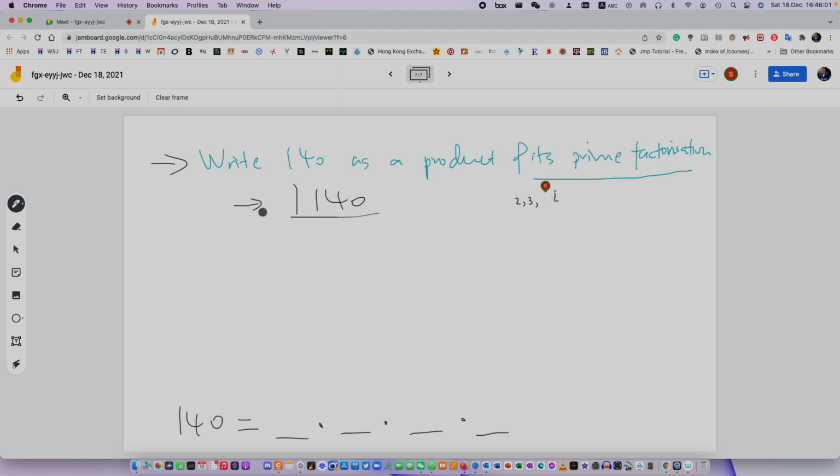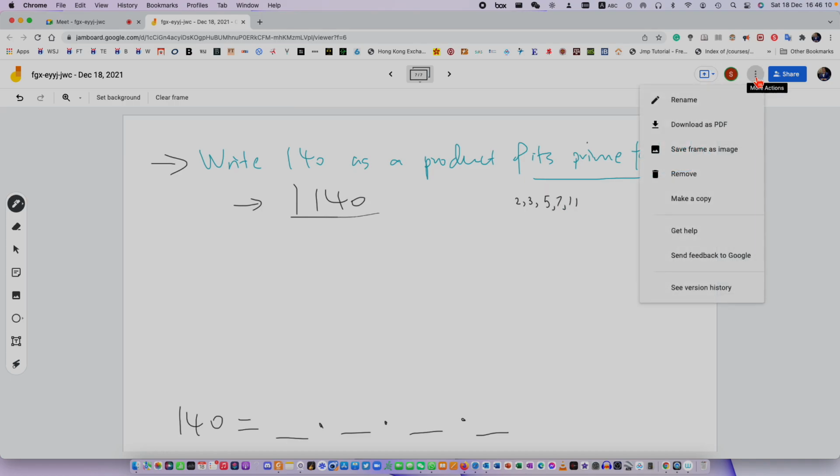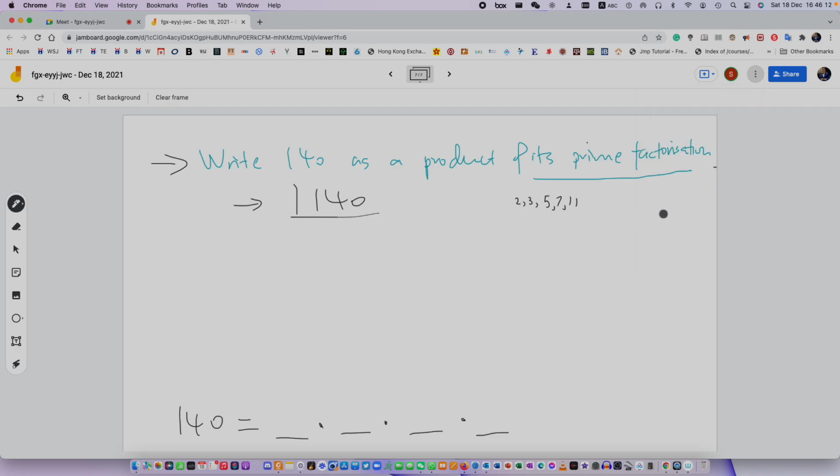Please write the 5 in front of 7. Oh, wait, write it smaller, if not you are not going to have enough space here. Okay, write it smaller.